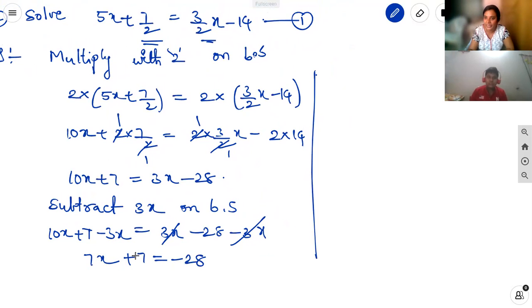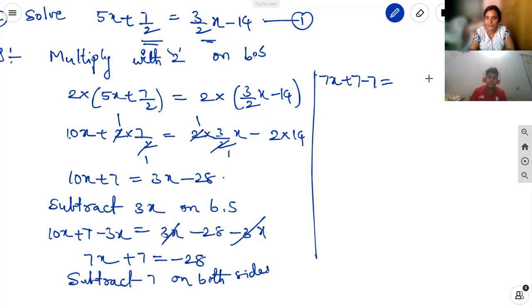Then on the left hand side we eliminate the constant. For that purpose we add minus 7, or subtract 7 on both sides. So 7x plus 7 minus 7 equal to minus 28 minus 7. Here plus 7 minus 7 get cancelled. 7x equal to minus 35.